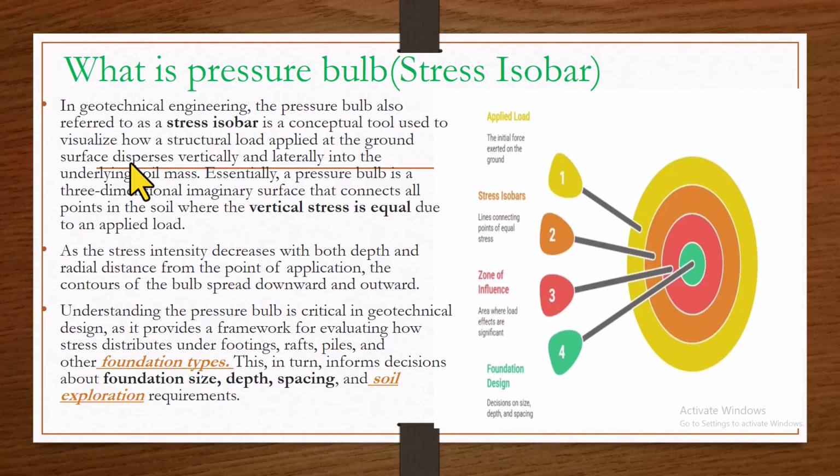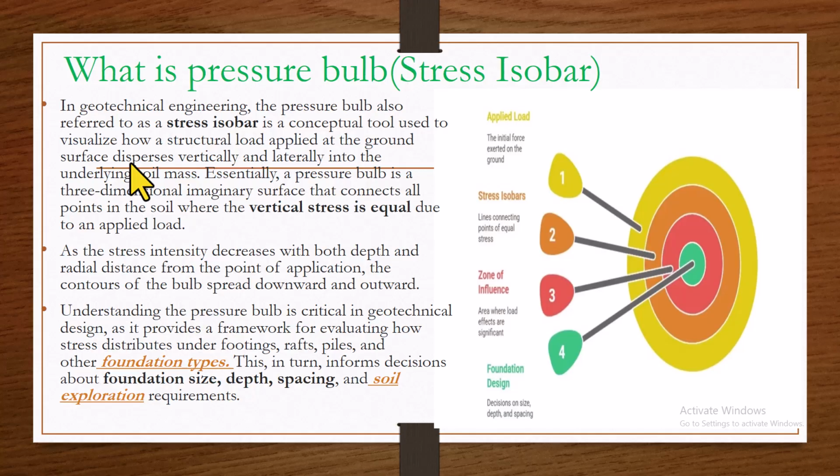Then the one at 3 meter, we feel less stress than the soil at 2 meter. The one at 4 meter, we feel lesser stress than the one at 3 meter. So that is what disperses means, and that is what the isobar helps to do, to know the depth of the soils that feel this pressure.